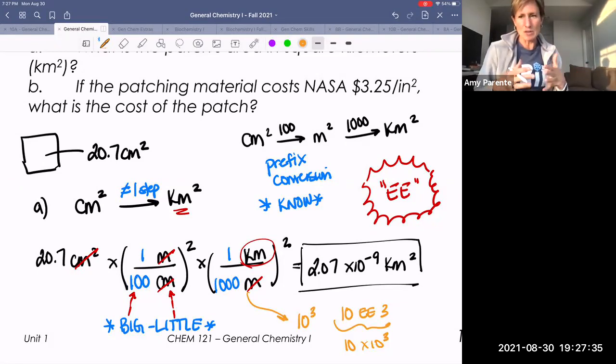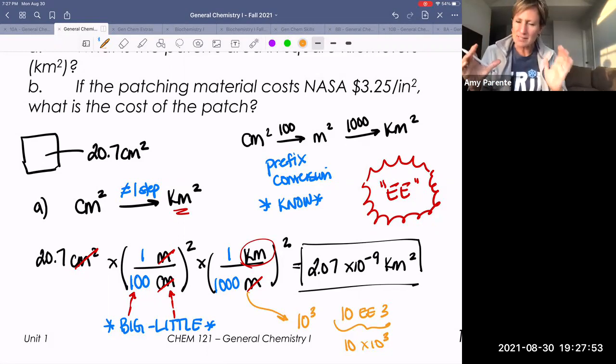There's a lot of little nuggets that are in there. And one of the things that sometimes can be problematic for students is when they're putting things in their calculator. If you in your calculator were to say 20.7 times 1 divided by 100 squared times 1,000 squared.